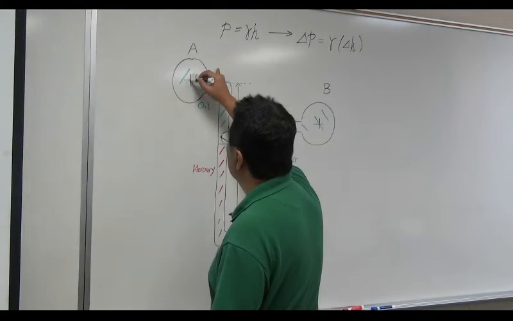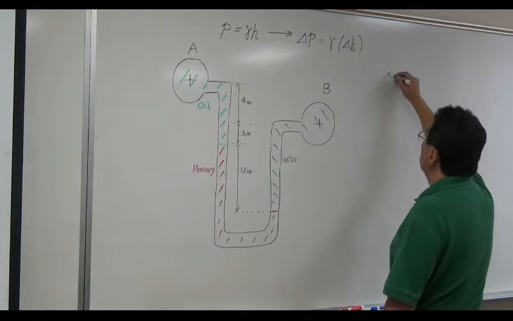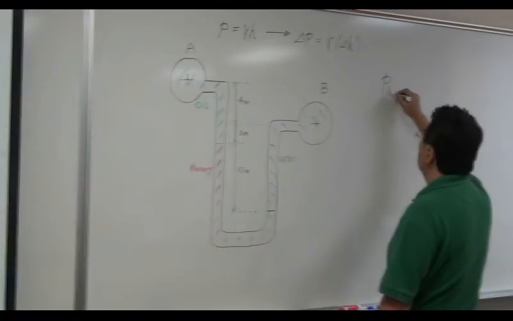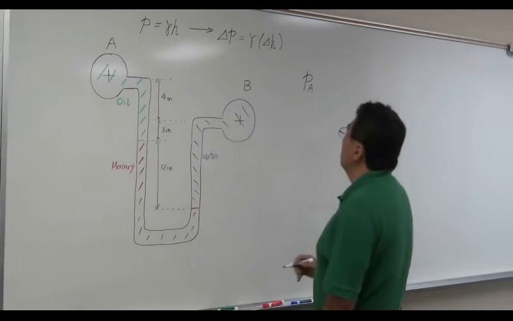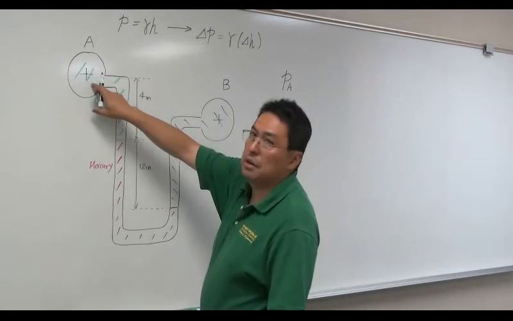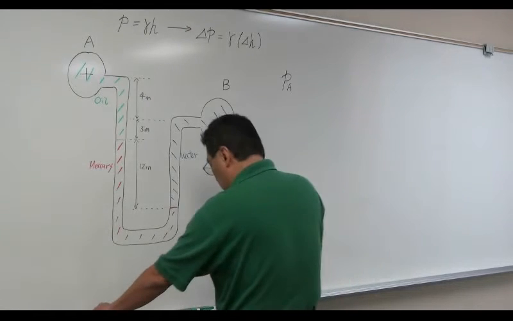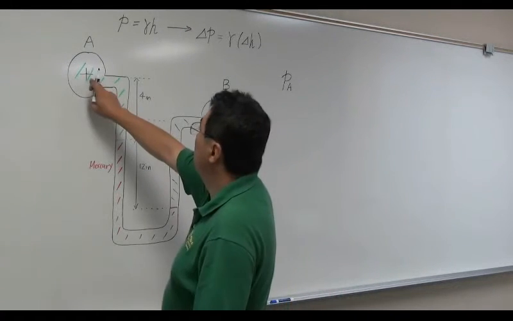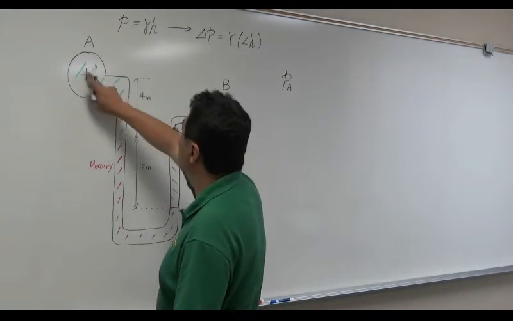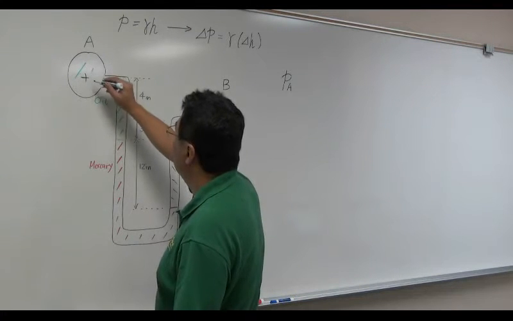Right here in the center of pipe A, pressure is PA, whatever it is. So this is the pressure at the center of the pipe right here. Now, we are going to take a look from here to right here.